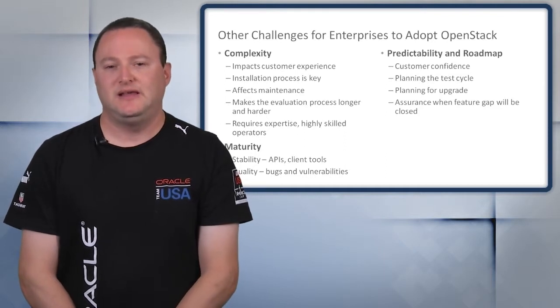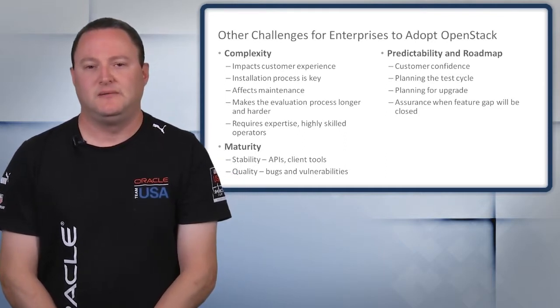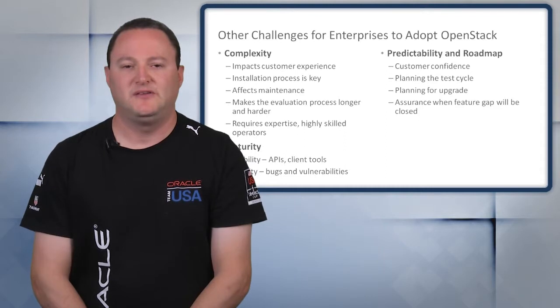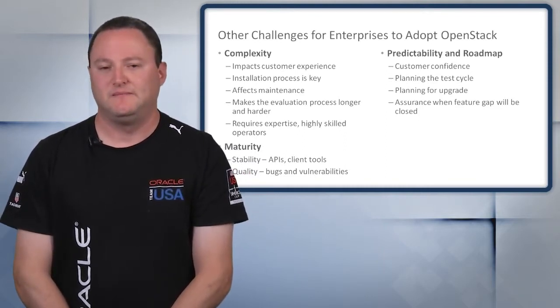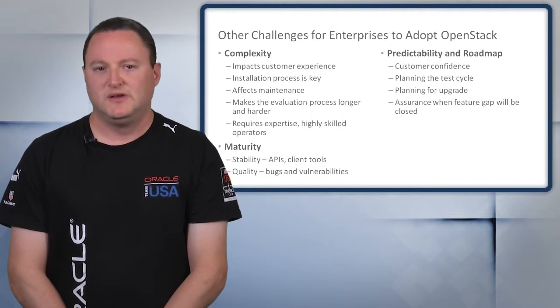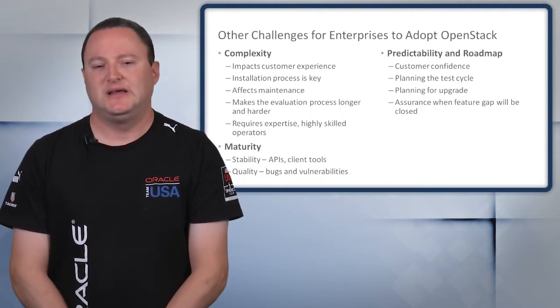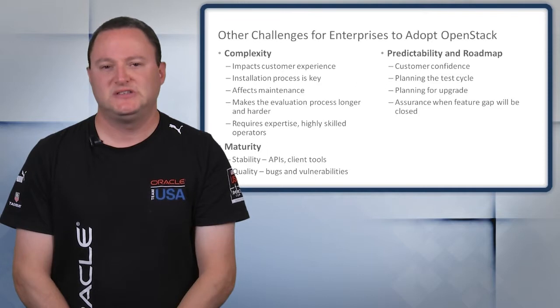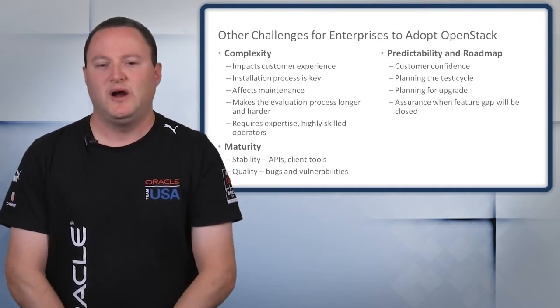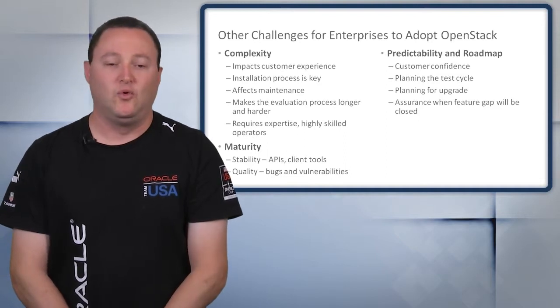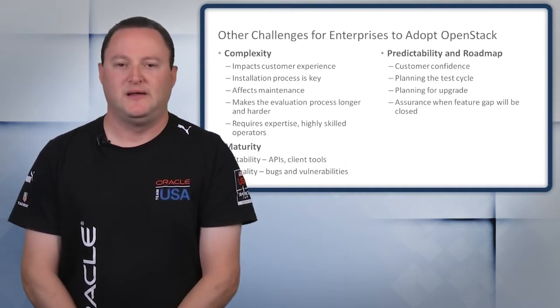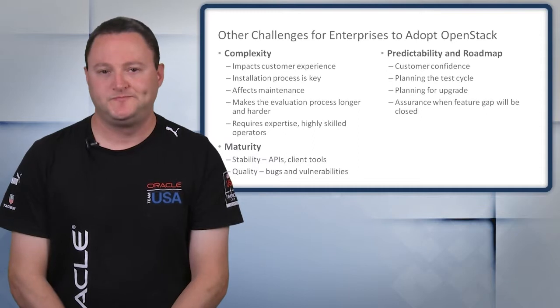And this impacts user experience, and the installation process sometimes becomes quite involved. We know that it makes evaluations more difficult. It requires a highly skilled IT team, more than we would have liked to require from a customer.